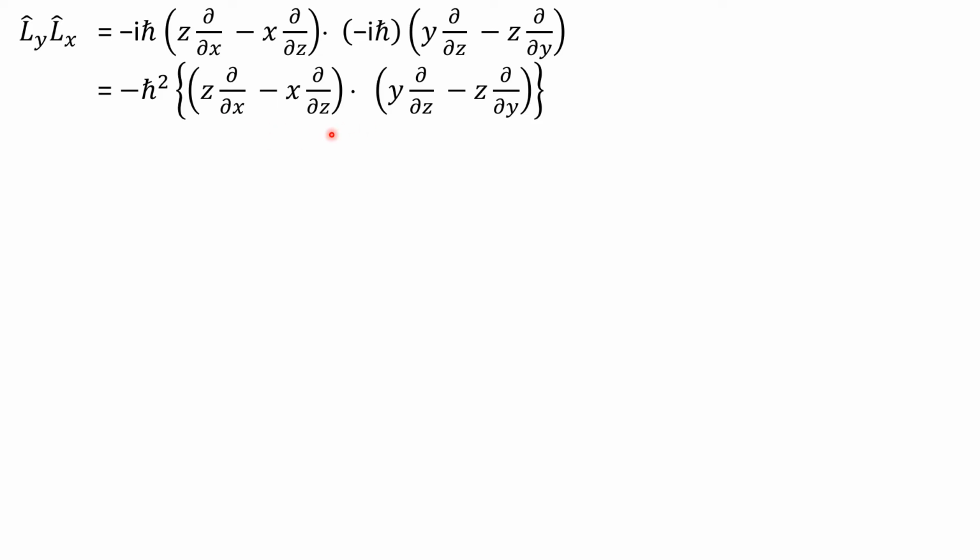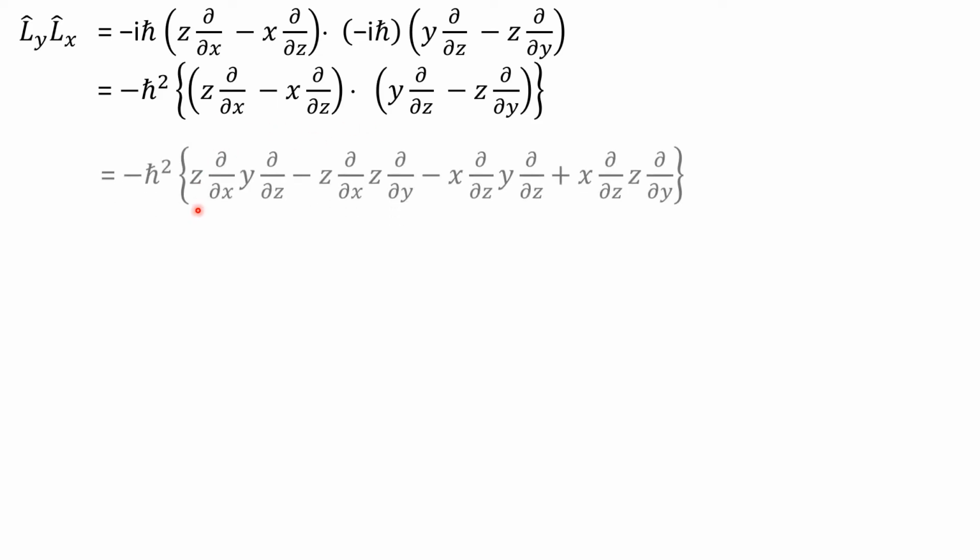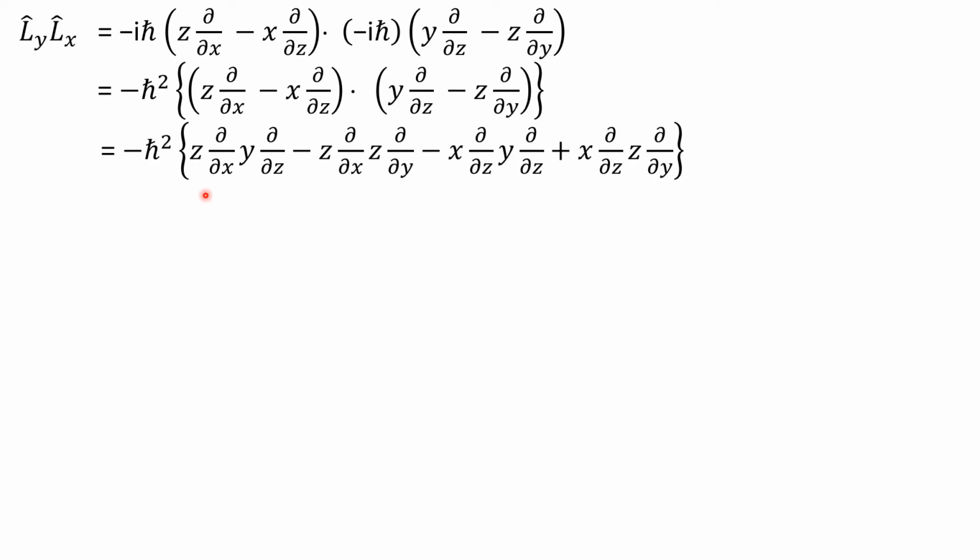Now simplify these two brackets in the same manner as earlier, and we write directly minus h cross into the bracket z ∂/∂x into y ∂/∂z minus z ∂/∂x into z ∂/∂y. The third term we write here: minus x ∂/∂z multiplied to the second bracket, giving x ∂/∂z into y ∂/∂z minus minus plus x ∂/∂z into z ∂/∂y. Since this term is multiplied to two terms, we get these two terms.